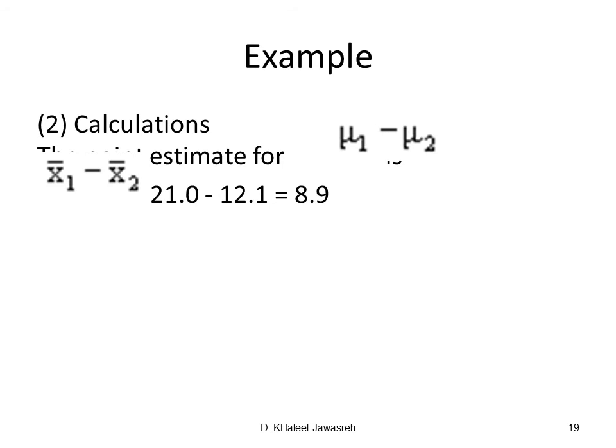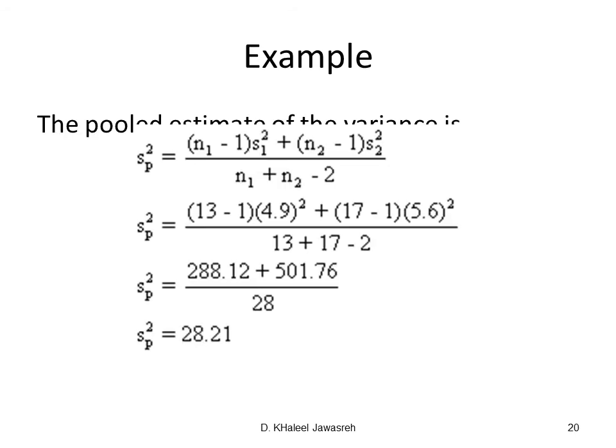So we have the two means, 21 minus 12.1, which will yield 8.9, sorry. And then we go directly to estimate the pooled estimate for the variances. We will use the previous equation, S square p equals n1 minus 1 times the first variance plus n2 minus 1 times the second variance, over the addition of the two sample numbers.